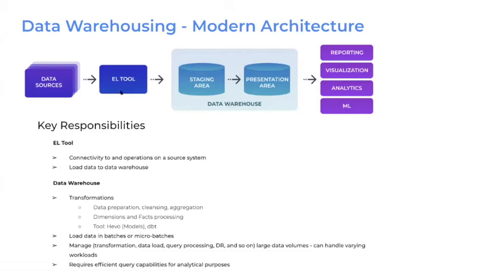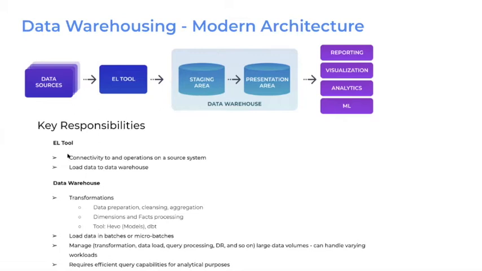The ETL tools in this case are a more simplified model, largely performing the extract and load. The data, largely represented as is in the form it was seen in the source system, is moved over to the staging area. And transformations are applied in the warehouse in the form of materialized data sets or views, as the case may be, before it is made available to the analytics layer for presentation.